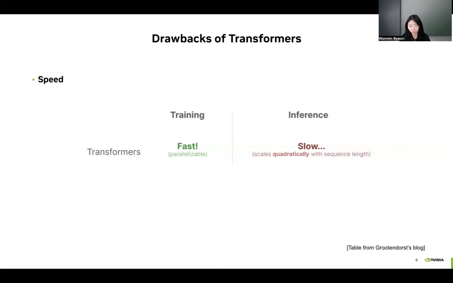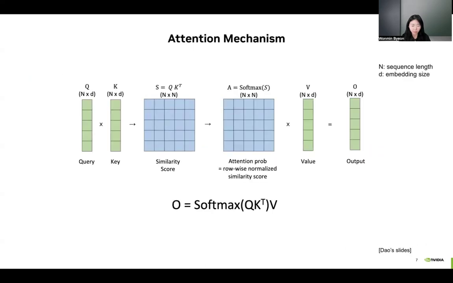Because it scales quadratically with the sequence length, inference is slow, especially as the sequence length gets longer. It's because of the basic attention mechanism that we see here: all this computation needs to be done over the whole sequence length at each token, and this is a large amount of computation.